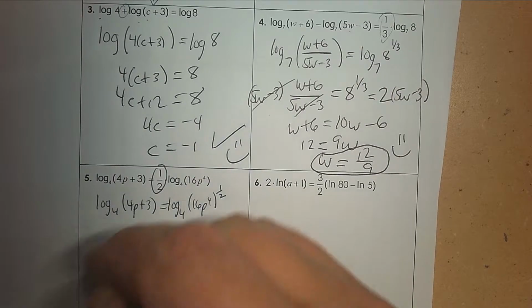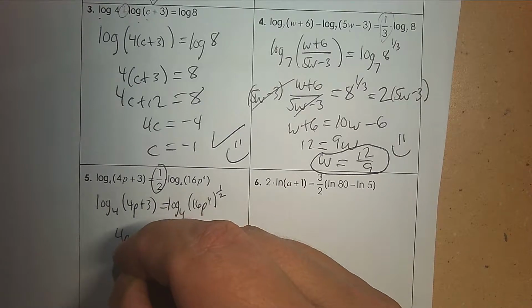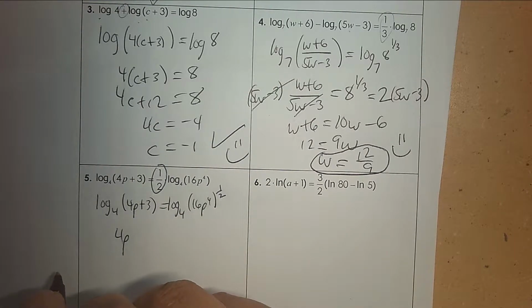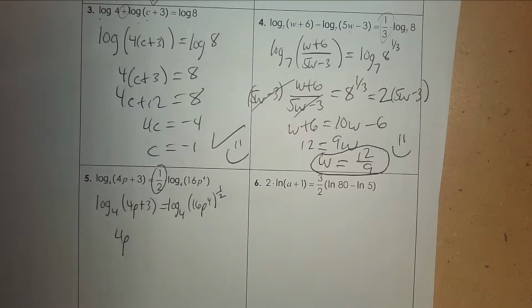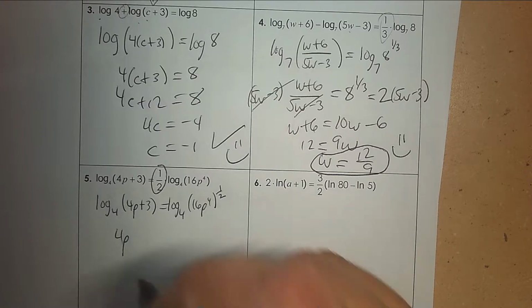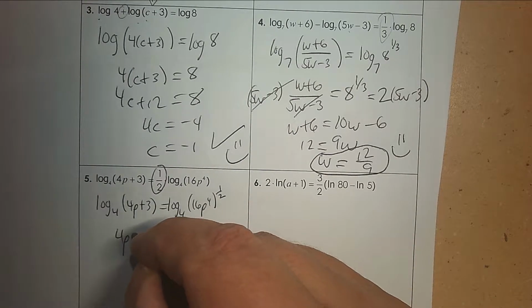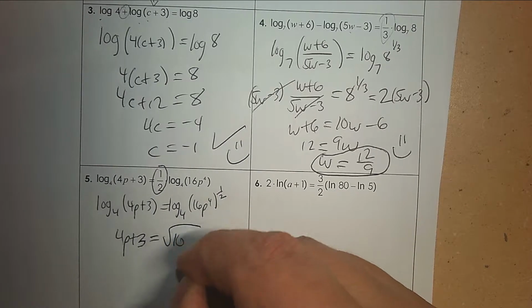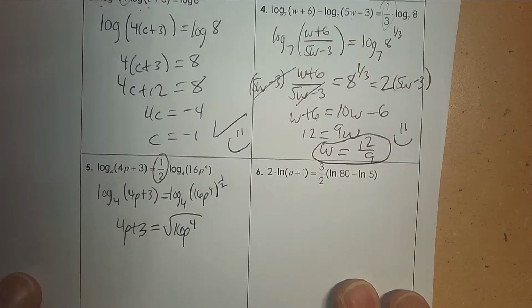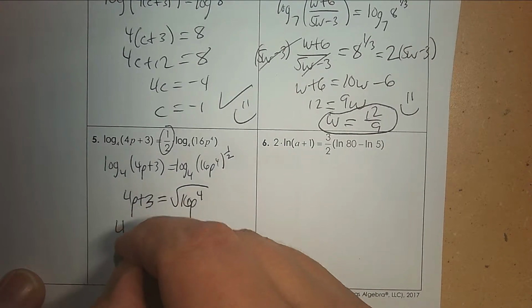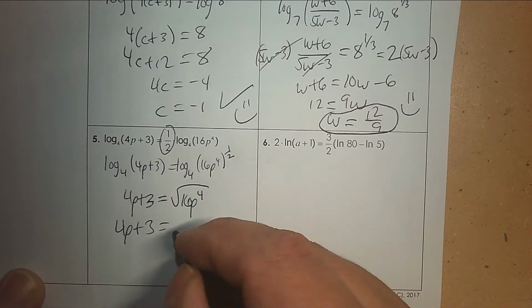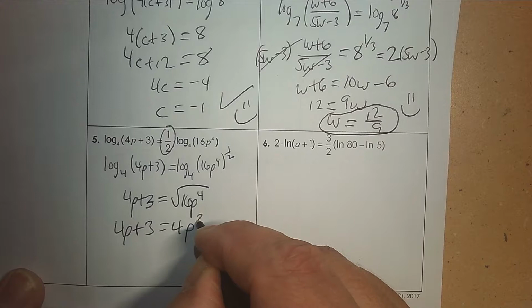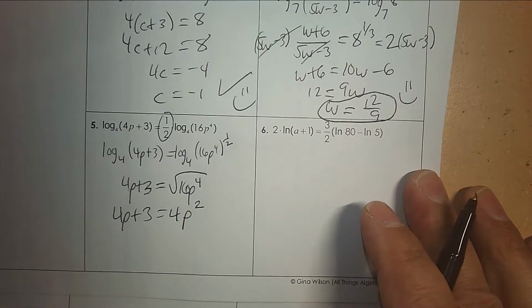So on the left side I have 4p plus 3. And on the right side, do you remember what the exponent 1/2 means? It means square root, doesn't it? Does that simplify? What's the square root of 16? And square root of 4? P to the 4. Divide by 2, right?